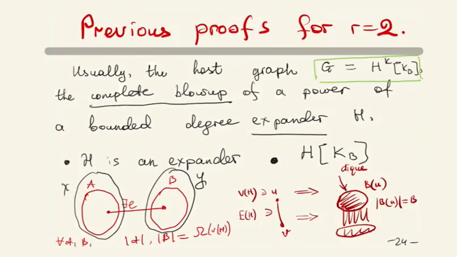So every vertex U becomes B many vertices, and likewise every vertex V. And whenever I have an edge between U and V, then I have a complete bipartite graph in between. This is how we define the complete blow up of any graph. This is a very classic definition.